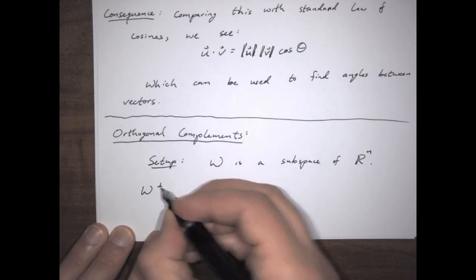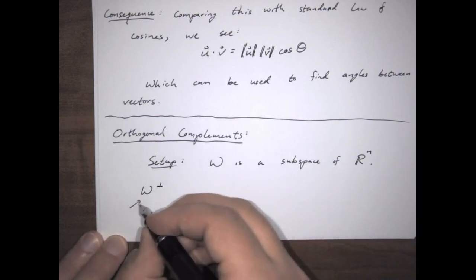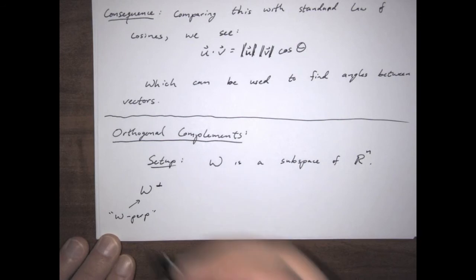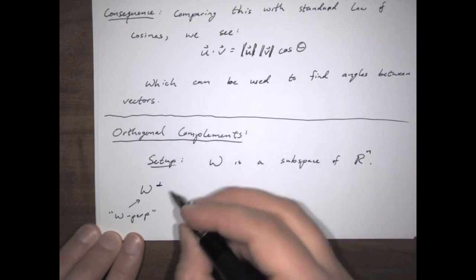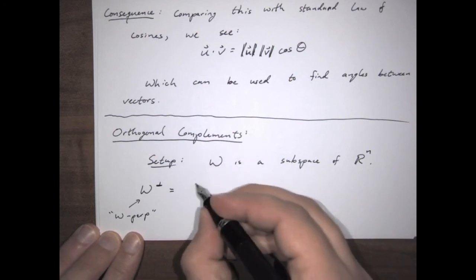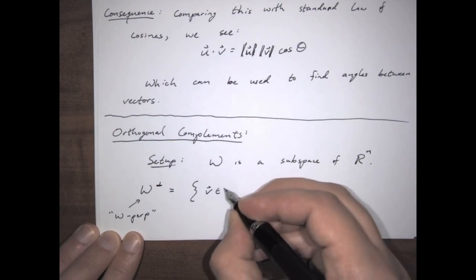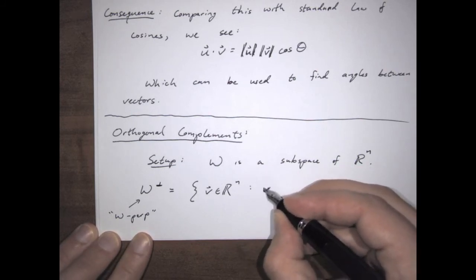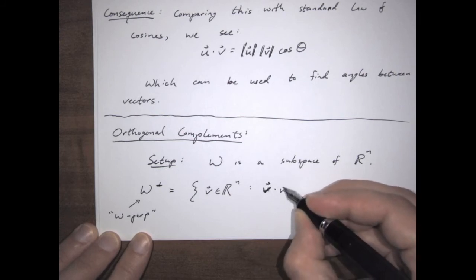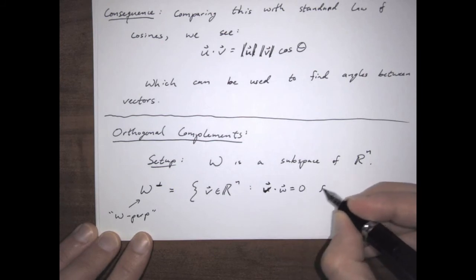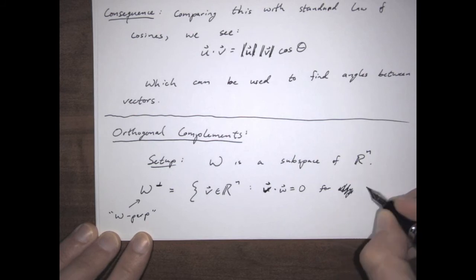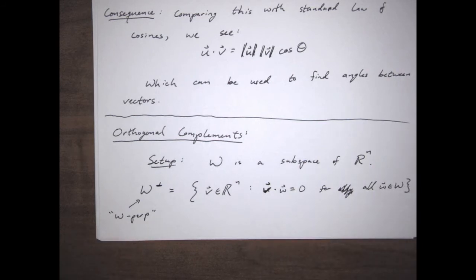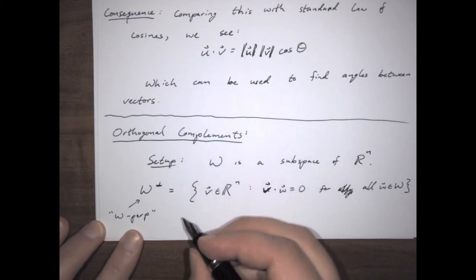Then W perp, and it's written like this, you pronounce this W perp, as in perpendicular, and you write it with an upside down T. So W perp, like the usual symbol for perpendicular, is equal to the set of all v that belong to Rn such that v dot w equals 0 for all w in W. So in other words, this is the collection of all vectors perpendicular to every element of W.